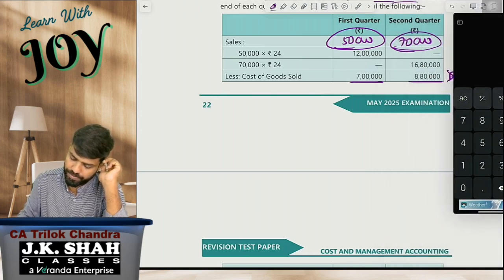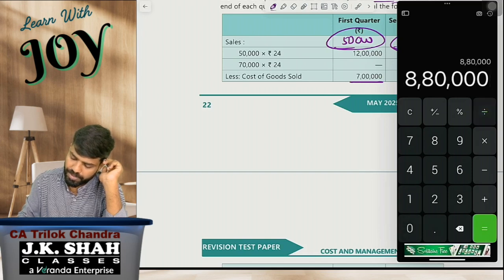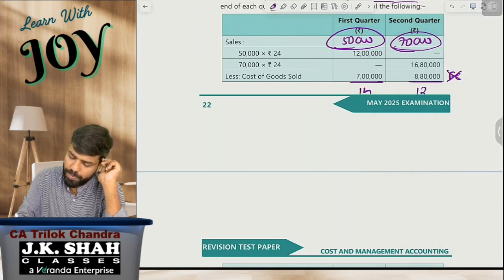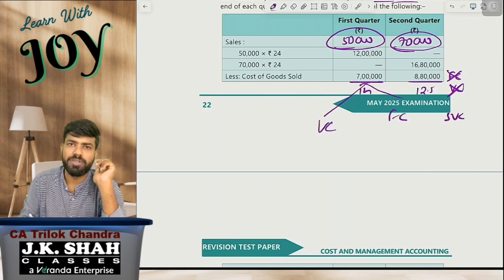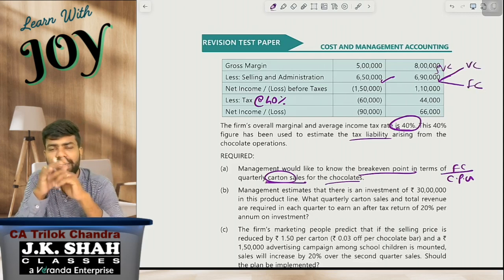Next, 8 lakh 80,000 divided by 70,000 is 12.5. 14, 12.5. So variable cost is not the same. So it is a semi-variable cost. We need to classify it into variable cost and fixed cost. In the same way, selling and administration overheads are also semi-variable cost. We need to classify them into variable cost and fixed cost. That is the first discussion.